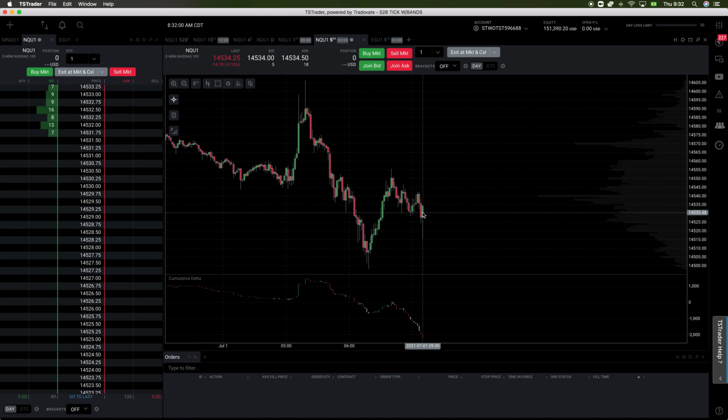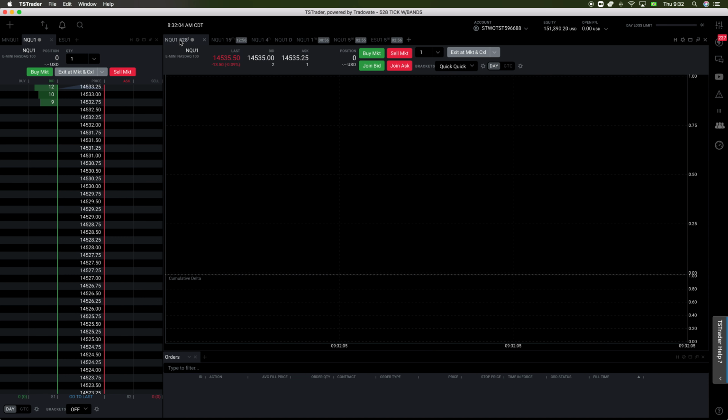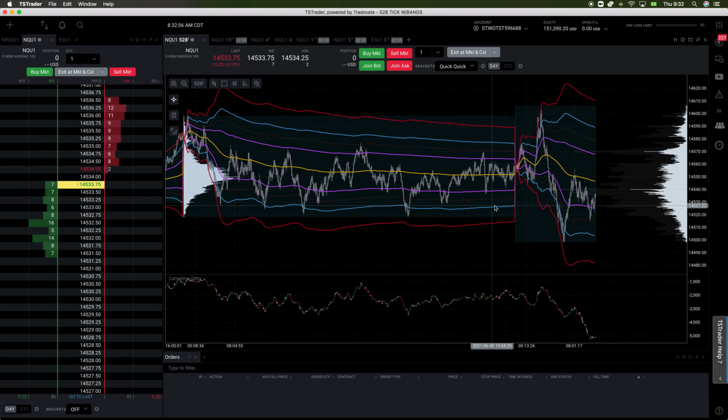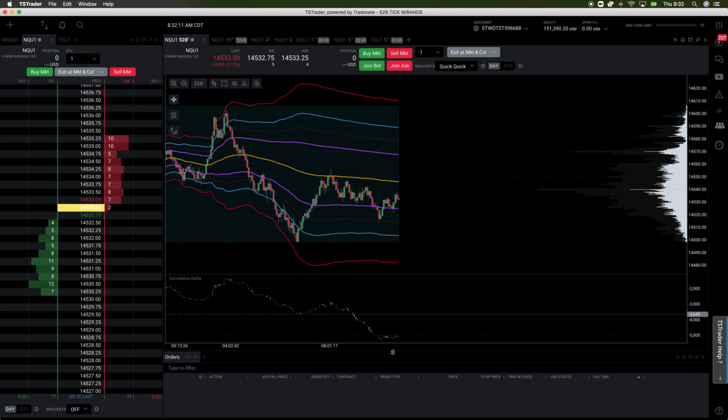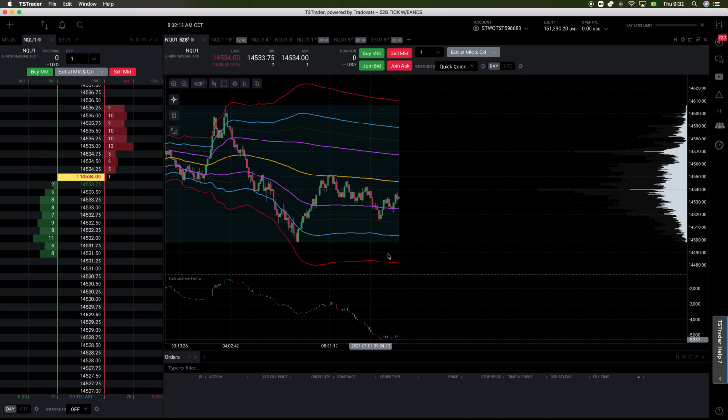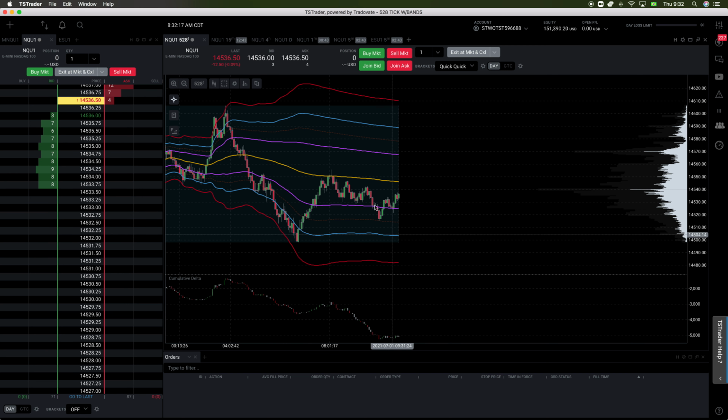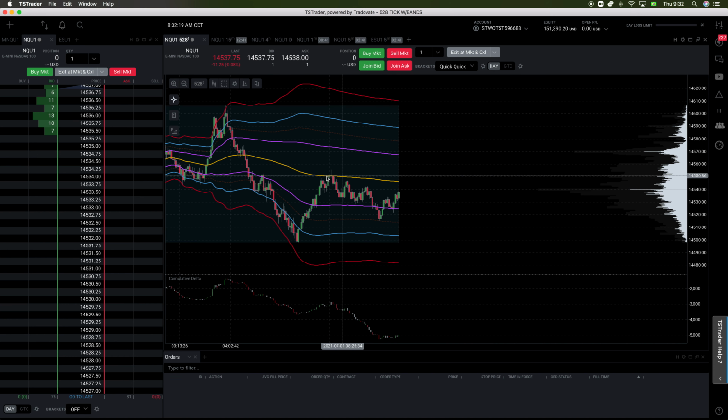Buyers trying to step in. Let's see on the 528. Yeah, they're still trying. Not having too much success, but let's see if maybe there's a little spike of buyers once we approach VWAP.